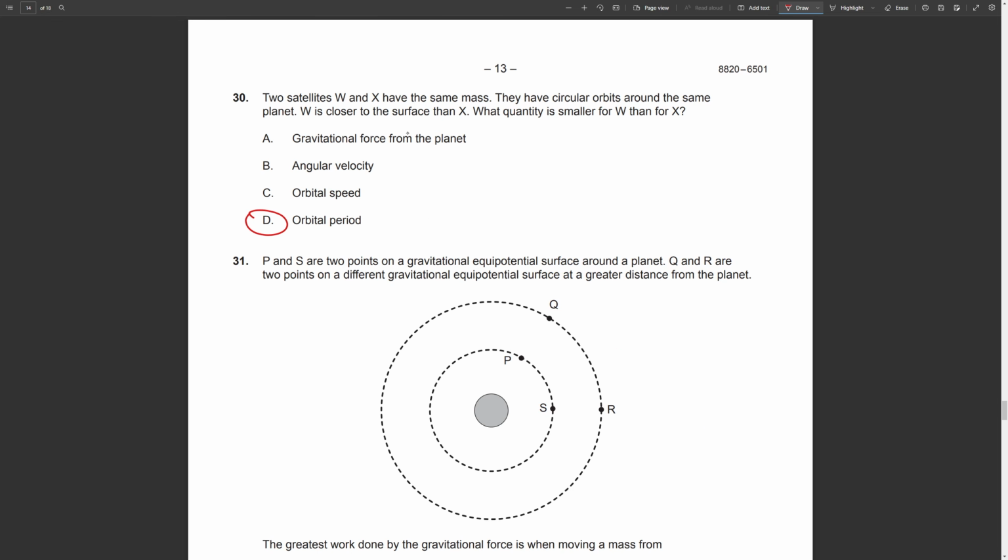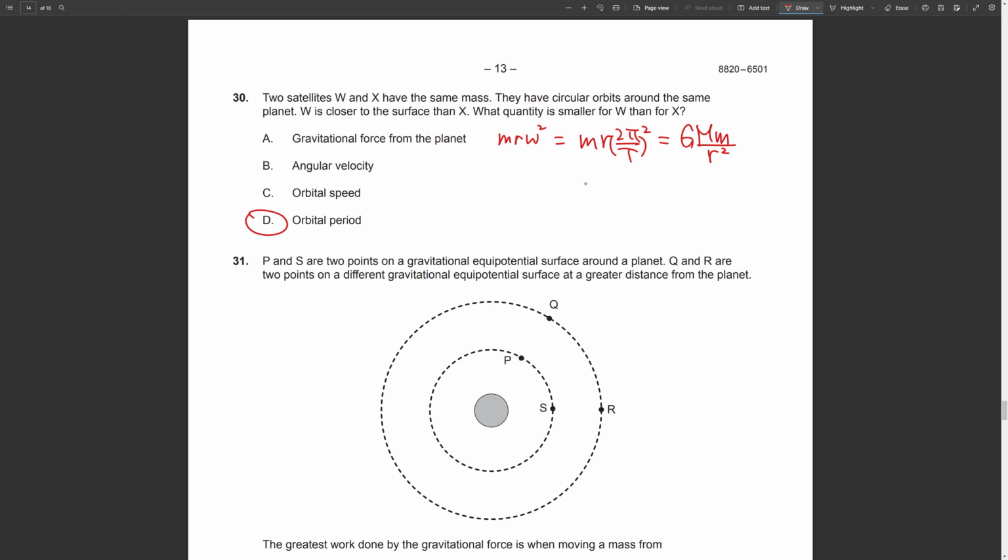Question 30, the answer is D. The derivations are as follows. We have centripetal force, which is m r omega squared, equals m r (2 pi over T) squared, which is provided by the gravitational force, G big M small m over r squared.